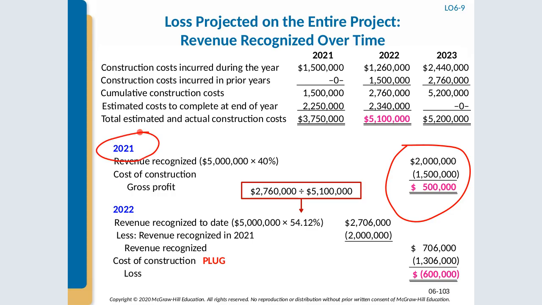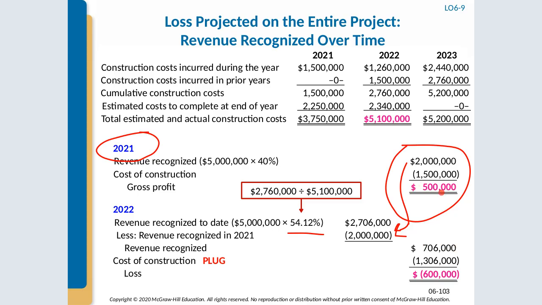It's the same calculation that we did previously. Again, we have to calculate our percentage of completion. So we have the actual cost divided by total, which is actual plus estimated. We have our percentage, we multiply it by the 5 million, we subtract the prior year revenue recognition, and we come up with the amount of revenues that we're recognizing.